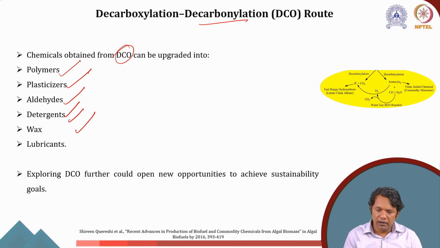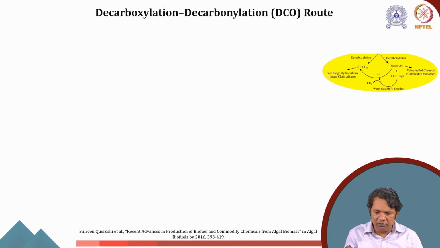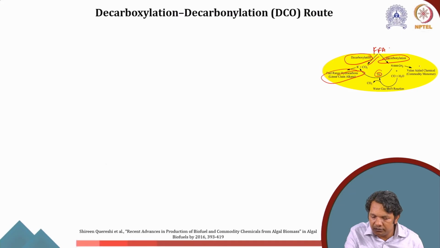Okay. Now we'll see here, if you look at the typical reaction, what happens if I have free fatty acid here, it can go via decarboxylation route and we can get linear chain alkane that can get H2 to become alkane, or we can have alkane here, or we can go via decarbonylation and we get alkene that on hydrogenation gives the alkane.